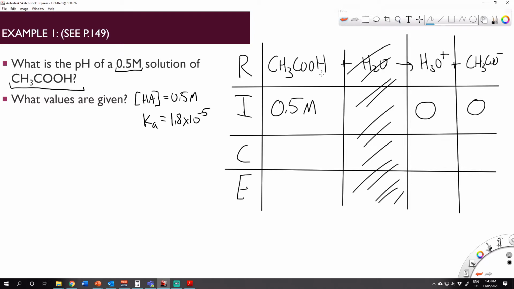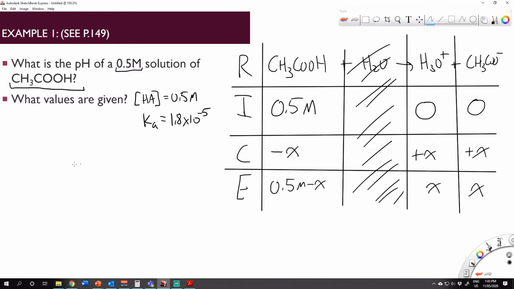Now the change: when this dissolves, the equilibrium will shift forward initially because we have none of that. So this will gain X, this will gain X. So this becomes 0.5 molar minus X, and these just become X and X.